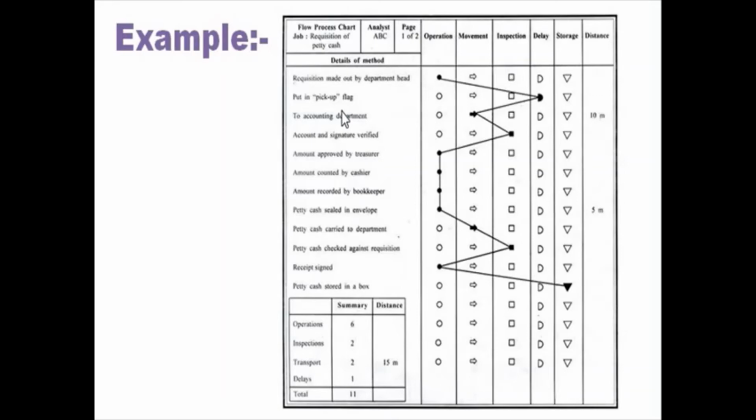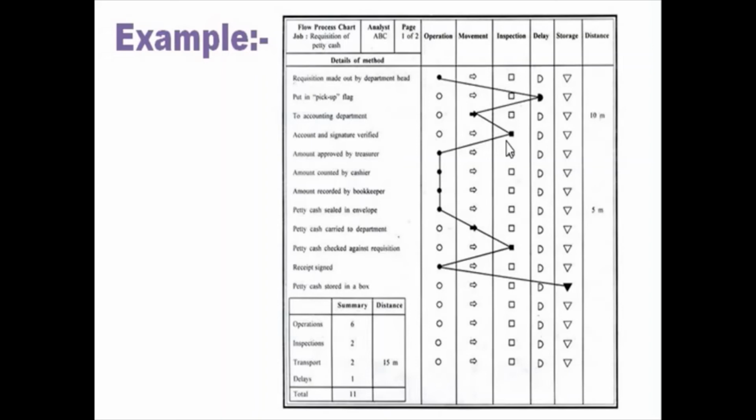Then it is put up on a pickup flag, so it is in a waiting condition or temporary storage condition, then it goes to delay, that is the capital D symbol. Then it is transferred to the accounting department, this is a movement, so represented by the arrow.